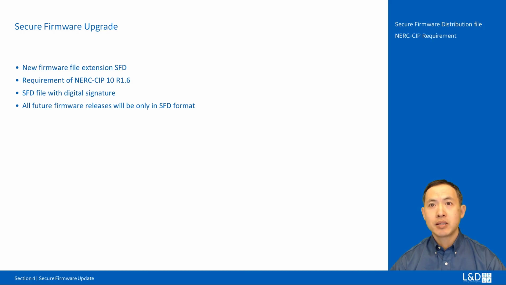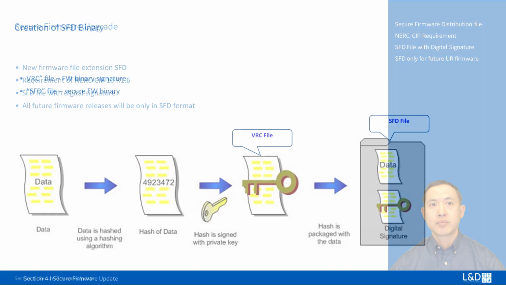NERC CIP 010 R1.6 requires that responsible entities must verify the identity of the software source and integrity of the software before the installation. Secure firmware file contains a digital signature that will be used to validate the publisher and the integrity of the firmware file. All future firmware release will be only in SFD format.